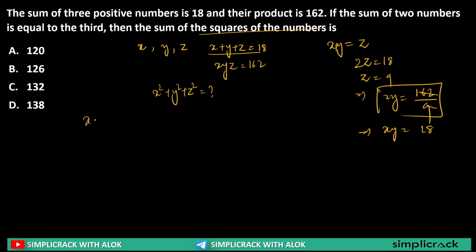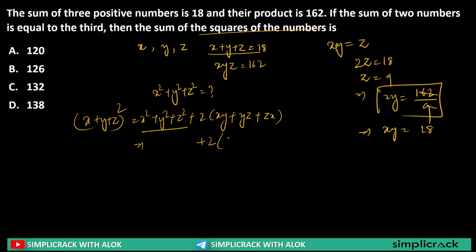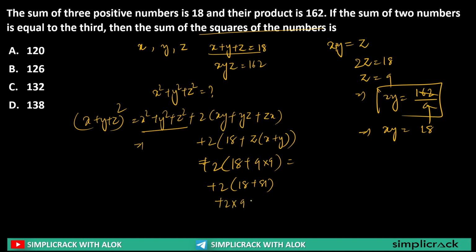Now (x plus y plus z) square is equal to x square plus y square plus z square plus 2 into (xy plus yz plus zx), right? So 2xy is 2 into 18, and I will take z common, it will be z times (x plus y). Since z is 9 and x plus y is equal to z, that is 9, this whole thing can be written as 2 into (18 plus 81), which is 2 into 99, that is 198. Now (x plus y plus z) square is 18 square, that is 324.